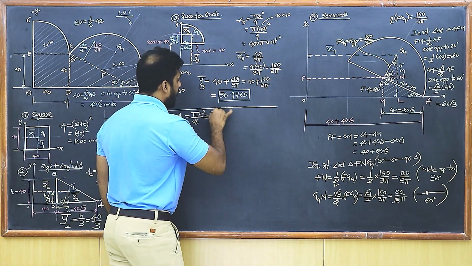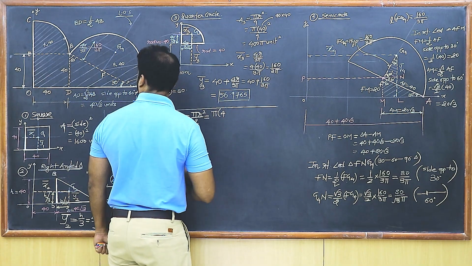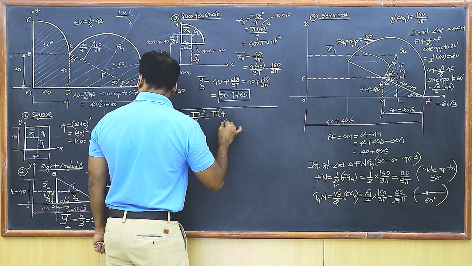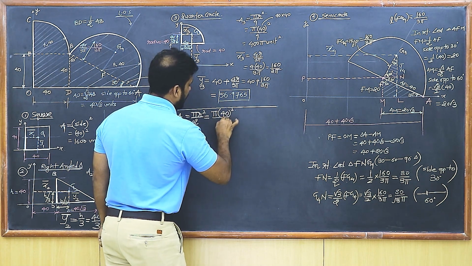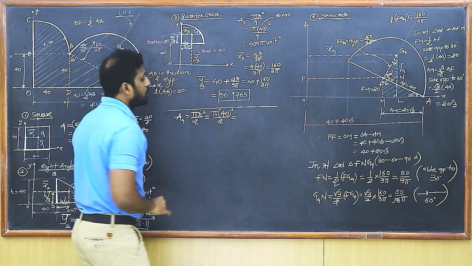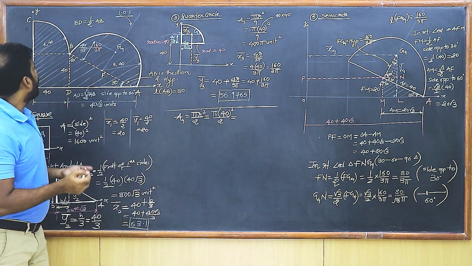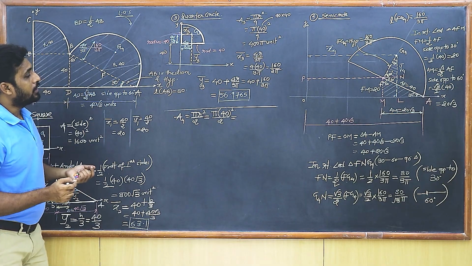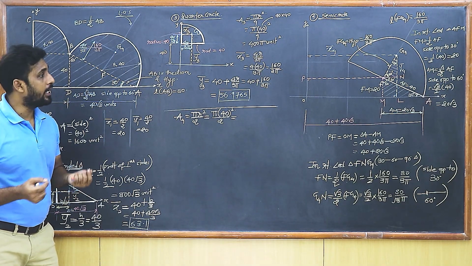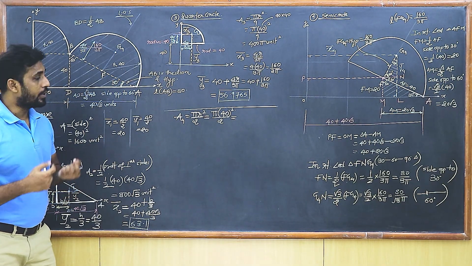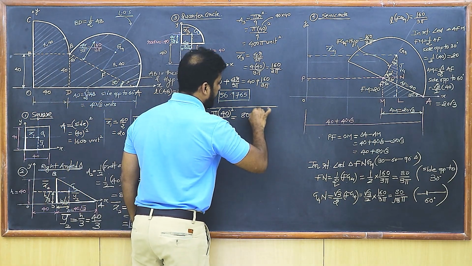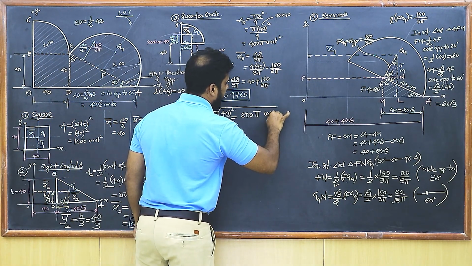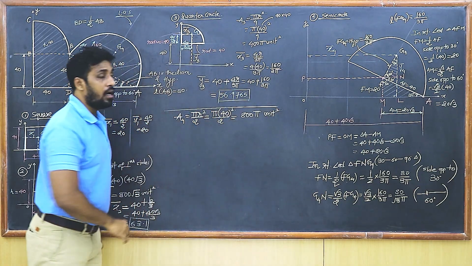So I write here pi into 40 square upon 2. So I know 40 square. How much is it? So students, 40 square here is going to be again 1600. You divide it with 2, you get 800. So your A4 is going to be 800 pi square units, isn't it? So I've got the area A4.